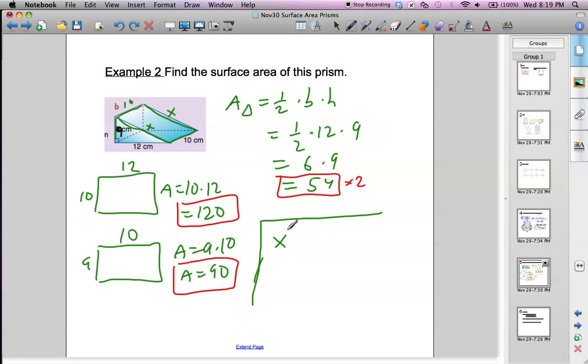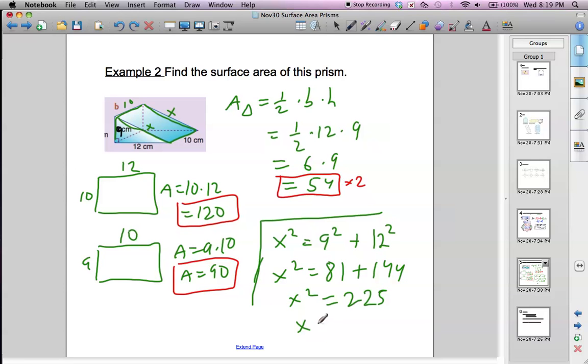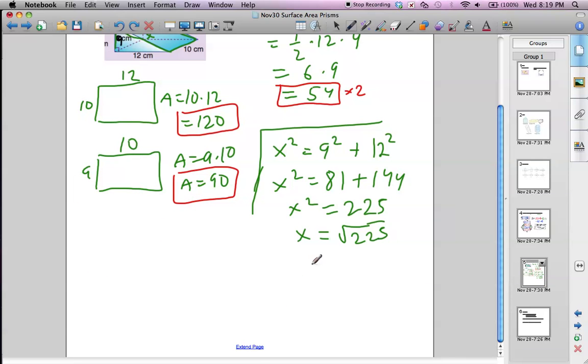The Pythagorean theorem states that the hypotenuse squared equals the sum of the squares of the legs. So x squared equals 9 squared plus 12 squared. x squared equals 81 plus 144. x squared equals 225. To get the value of x, we take the square root of 225, which equals 15.